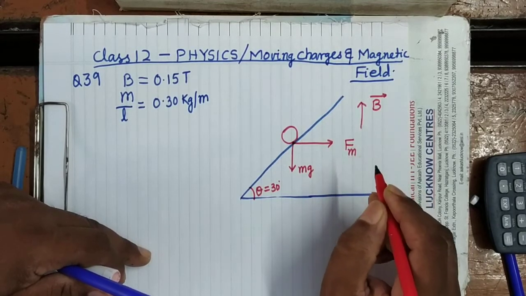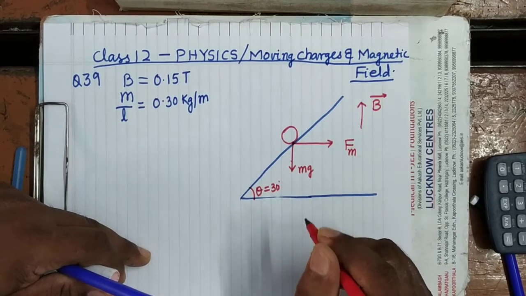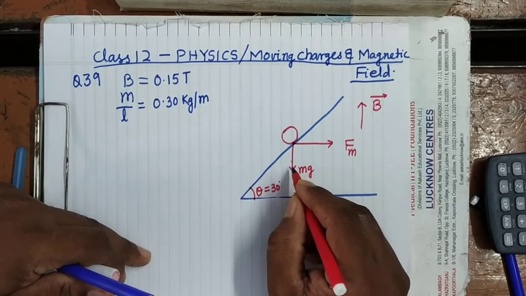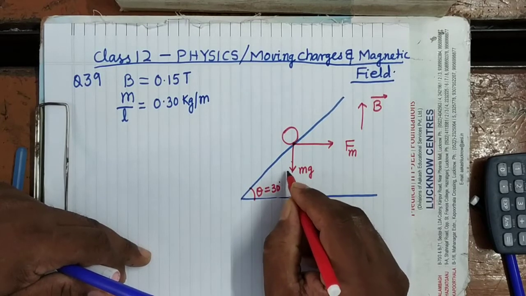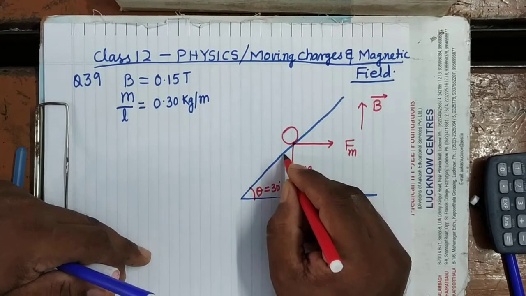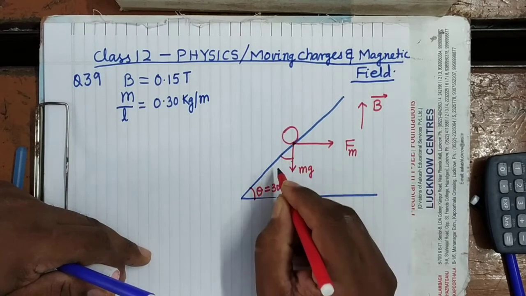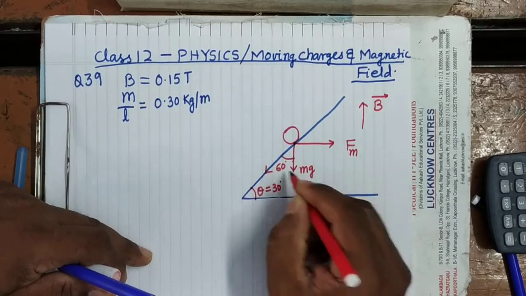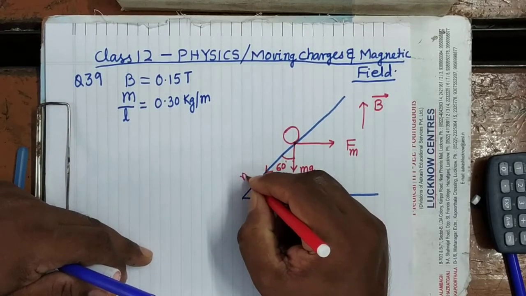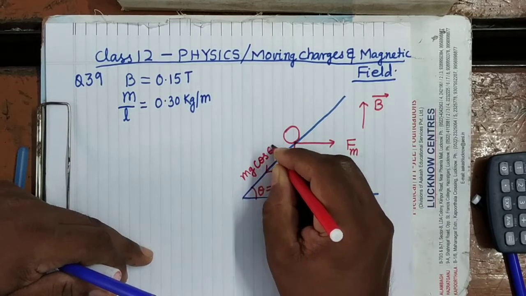It's clear. So here you can resolve mg in this direction. What will be the component of mg in this direction? This angle is 30 degrees, so this angle you can take 60 degree. So what will be the component of mg along the incline and down the incline? Mg cos 60.